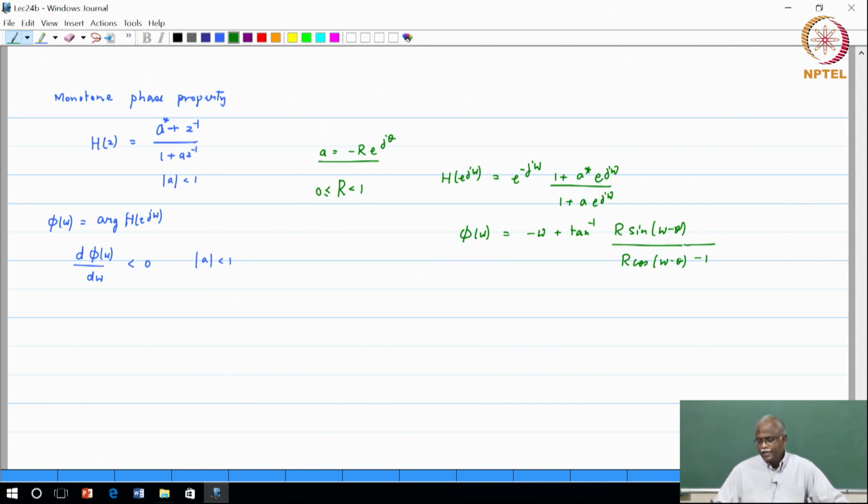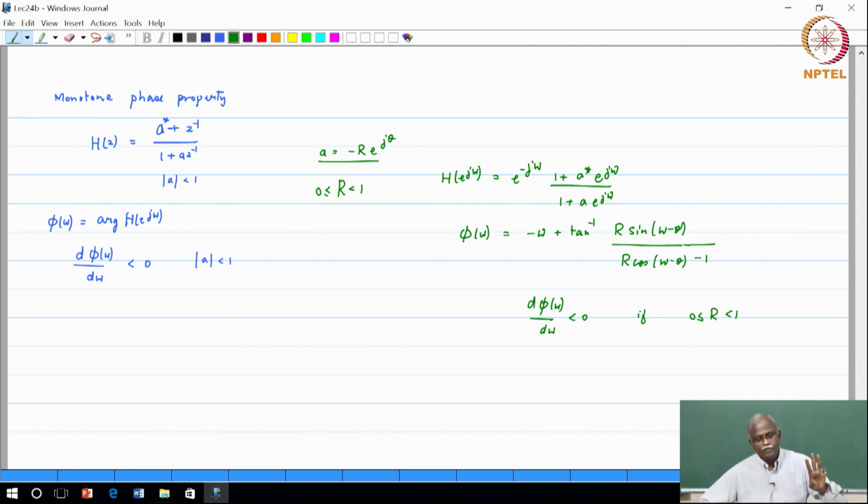Please write down the expression, differentiate phi of omega, and show that d phi of omega by d omega is less than 0 if r is greater than or equal to 0 and less than 1. Under this condition you can show that. So this is monotone phase.